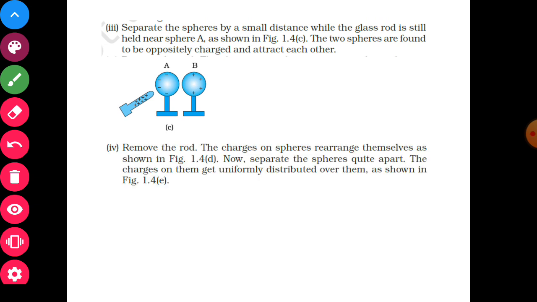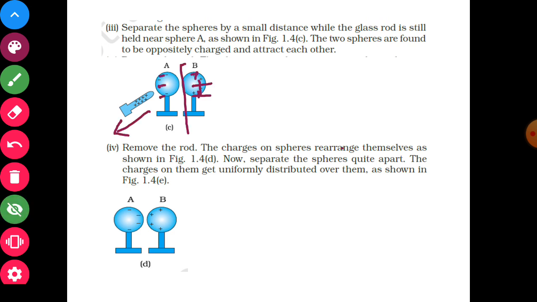Now remove this rod. Just take away this rod. So what will happen? The negative charge on the left-side sphere will be residing on it.